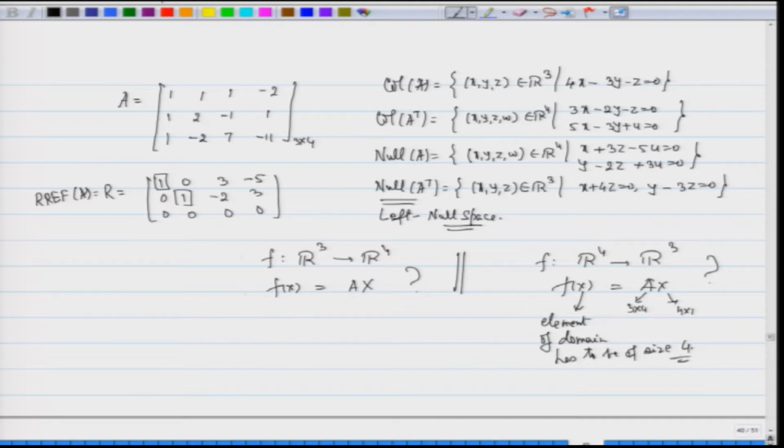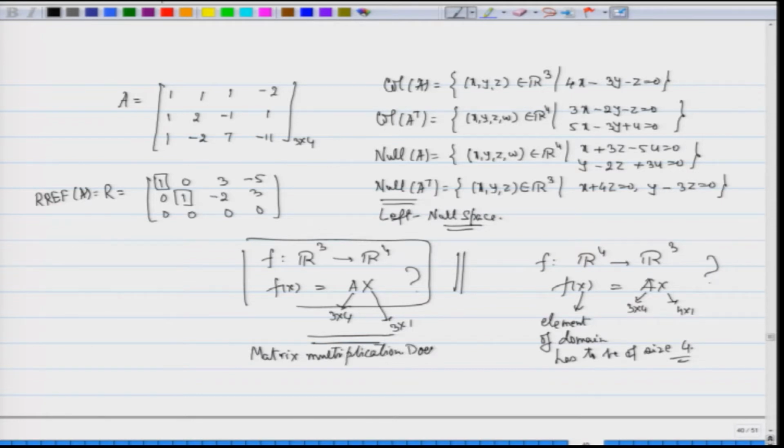But if I look at here, A is 3 cross 4 is fixed, and this x is 3 cross 1. So this matrix multiplication does not make sense. Fine. So what I wrote here was wrong.